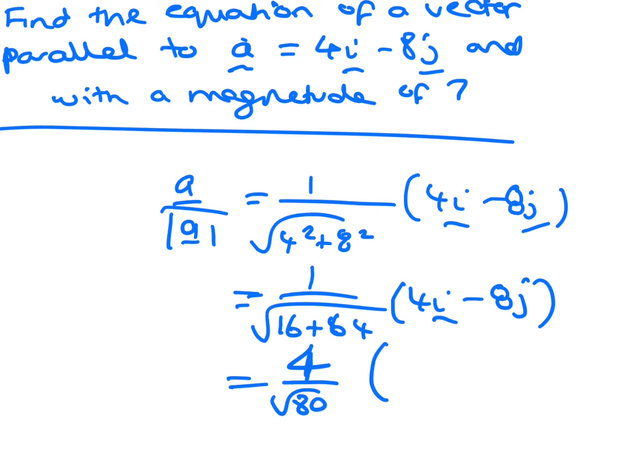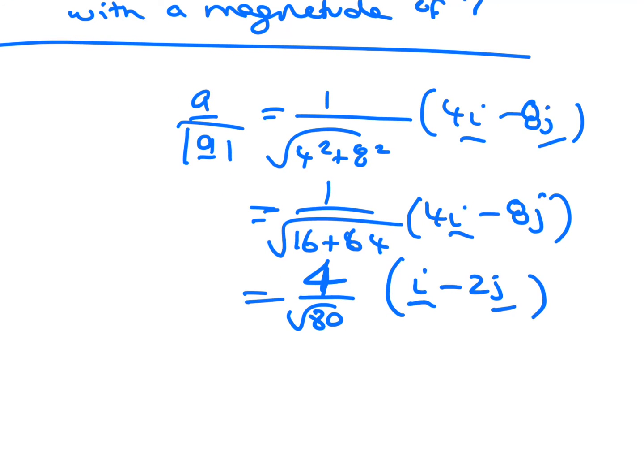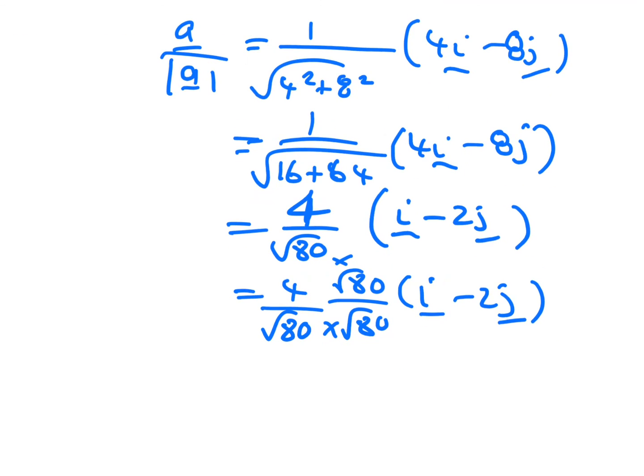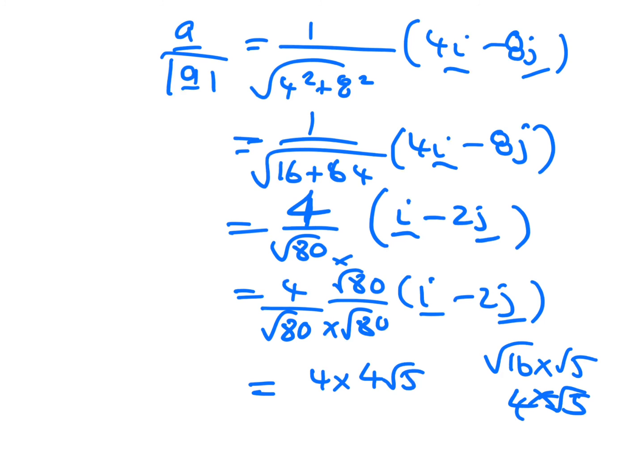Now take out a common factor of 4, because that'll be i minus 2j. If I rationalise that, it's 4 over root 80 times (i minus 2j). Now root 80 is actually root 16 times 5, so the root 16 is 4 times root 5.